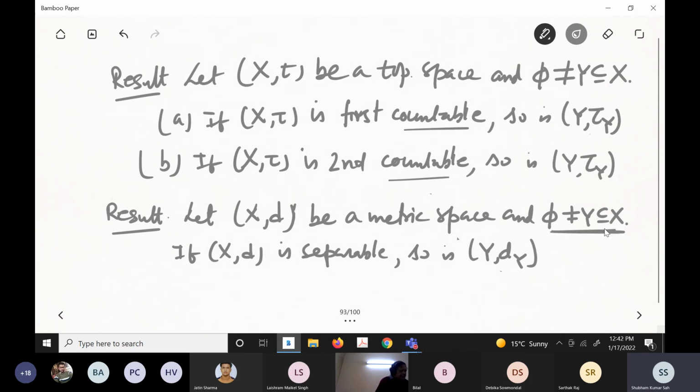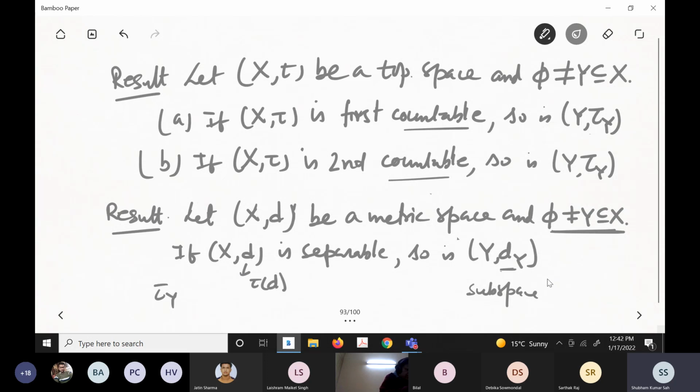But then here is an issue. You say, how do I link this with the subspace? Because until now, I have talked only about (X, tau) and (Y, tau_Y). I have not talked about this. This result is true, but before that, I need to fix one thing. How is tau_Y related to this?